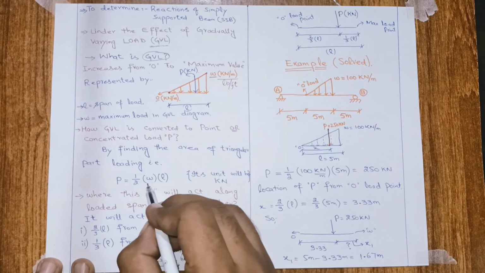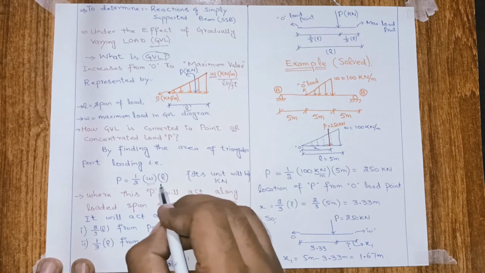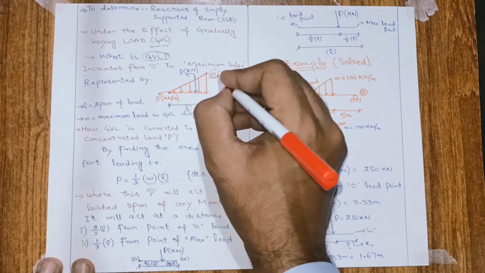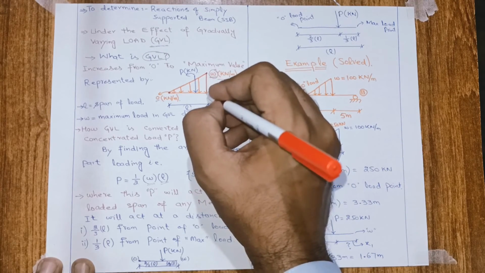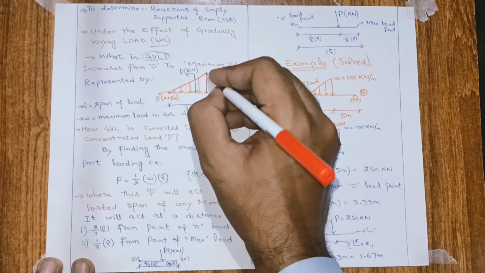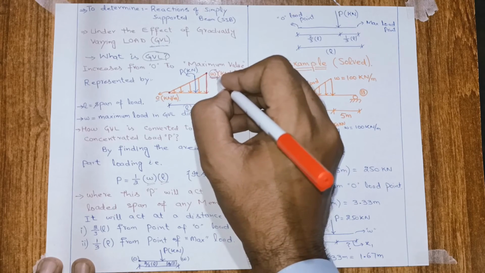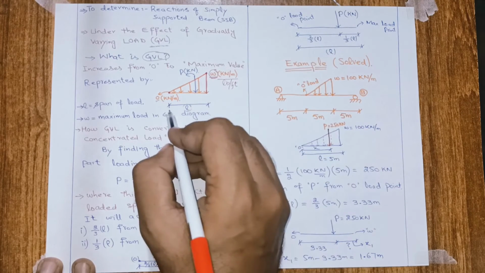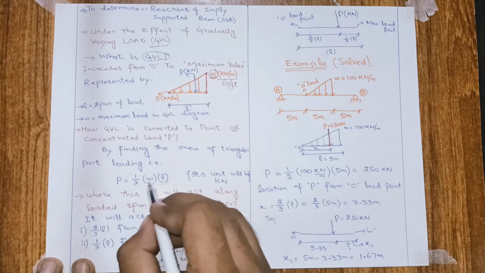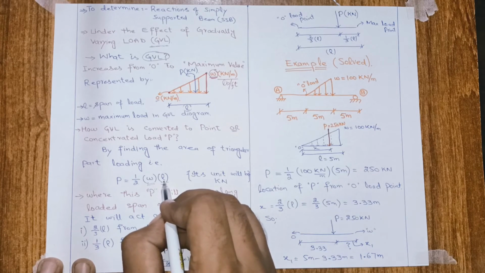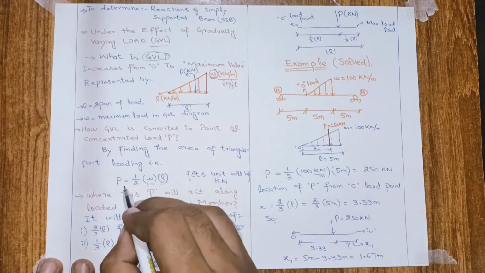The altitude of the figure is W and the base of the figure is L. Here the load intensity is 0, and here the load intensity is maximum. So this line W is the altitude of the load triangle, and this is the base of the triangle.